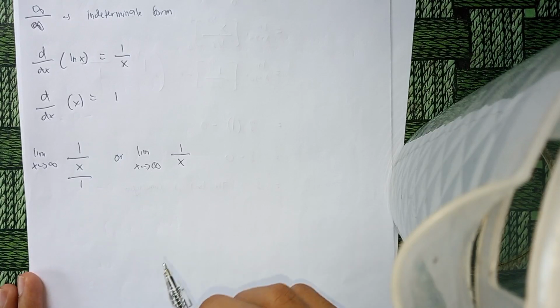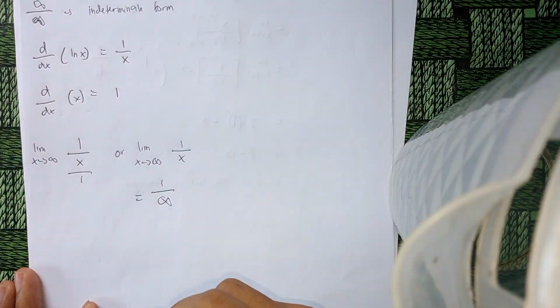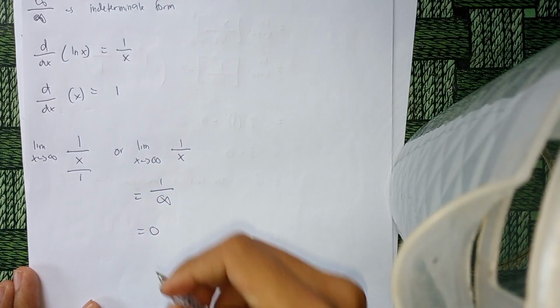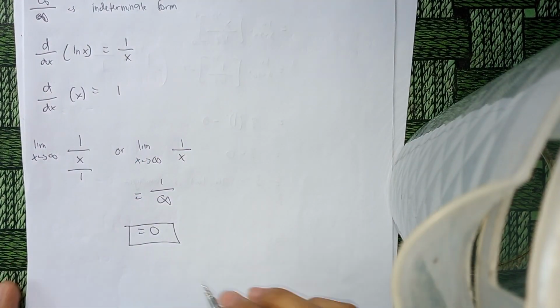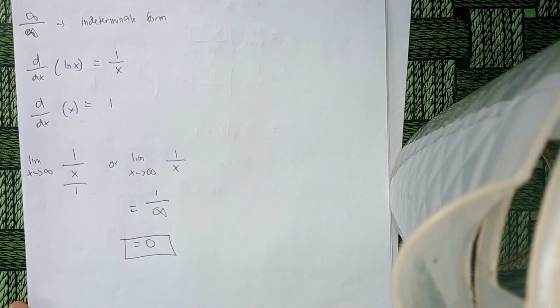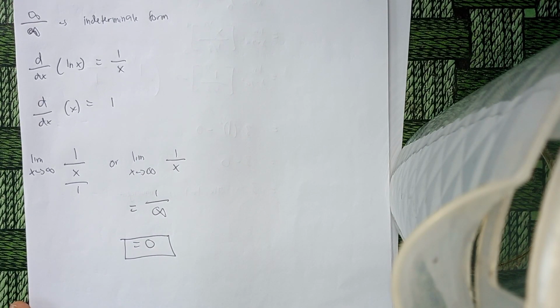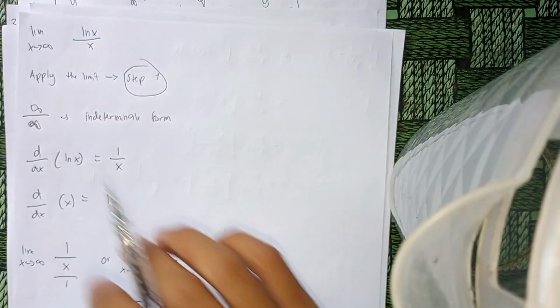So let's apply the limit. So 1 over infinity is 0. Therefore, the limit exists after using L'Hopital's rule. So that's the role of L'Hopital's rule, making the limit of the given problem exist.